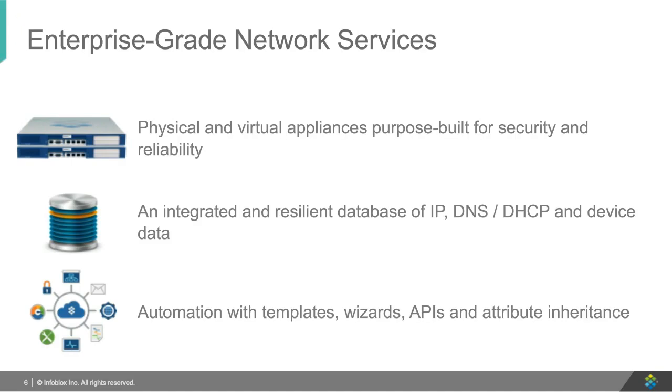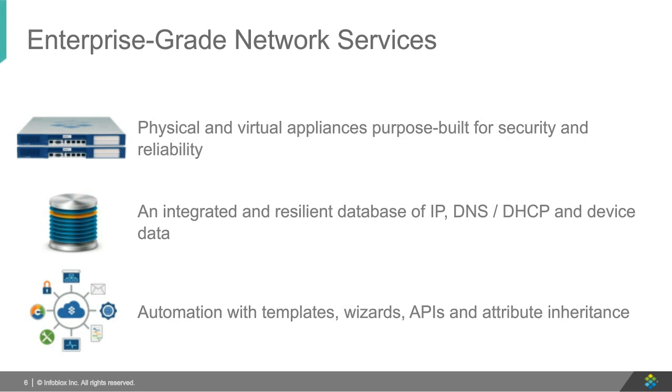So enterprise-grade network services, right? What is this? We can define it a lot of ways, but here are three tenets of what we believe constitutes an enterprise-grade network service. First of all, appliances, physical or virtual, they can be either, that are purpose-built to deliver robust, secure, reliable network services. Got to do that.